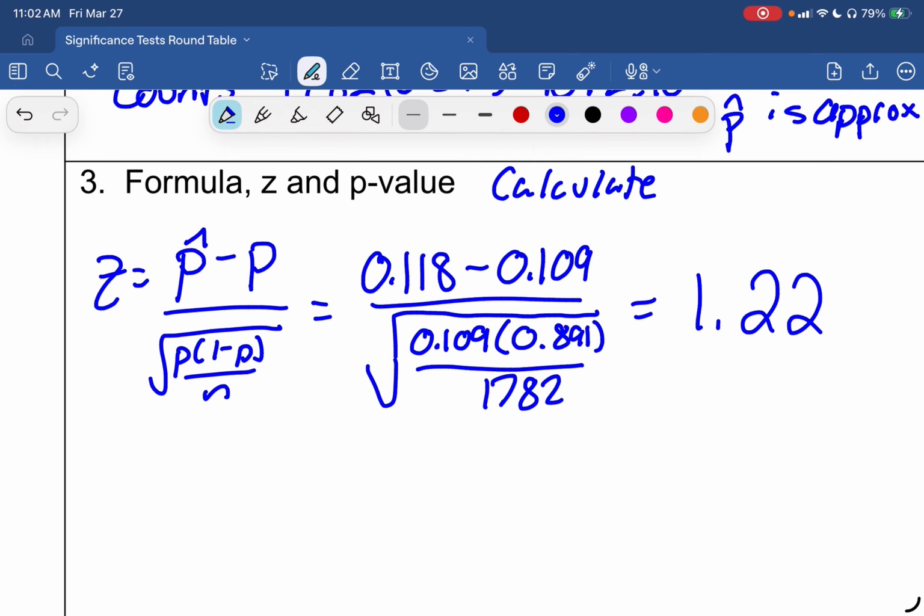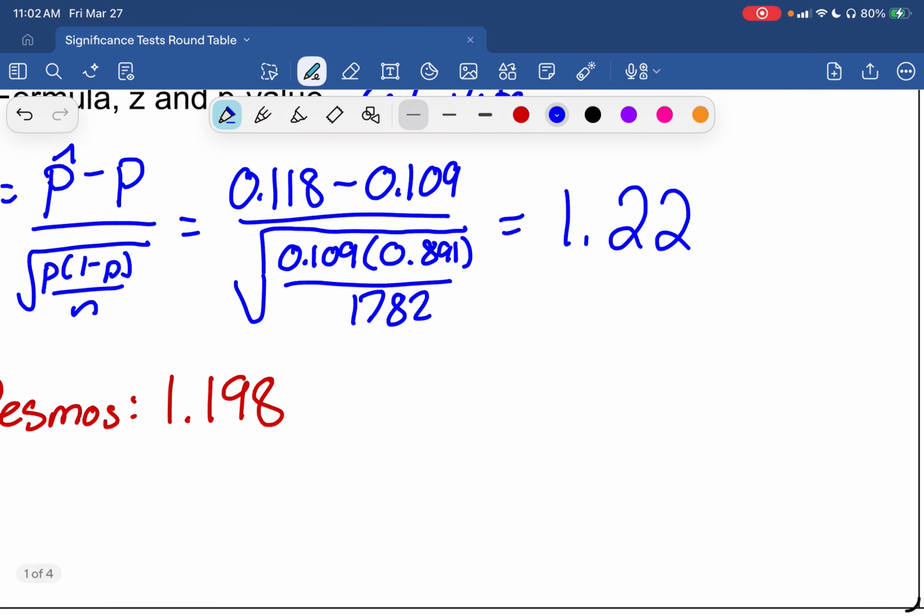The reason I'm getting 1.22 is because I rounded. If you use Desmos, like you saw here, you're going to get 1.198. Either way is fine.